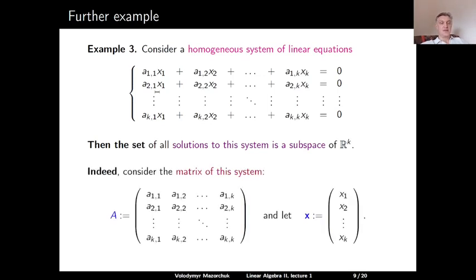Indeed, let us denote by A the matrix of the coefficients of the expressions on the left-hand side in our equation. So this is a matrix with first row a11, a12 and so on, a1k. The second row is a21, a22 and so on. And let x be the vector of the indeterminates, x1, x2 and so on, xk.